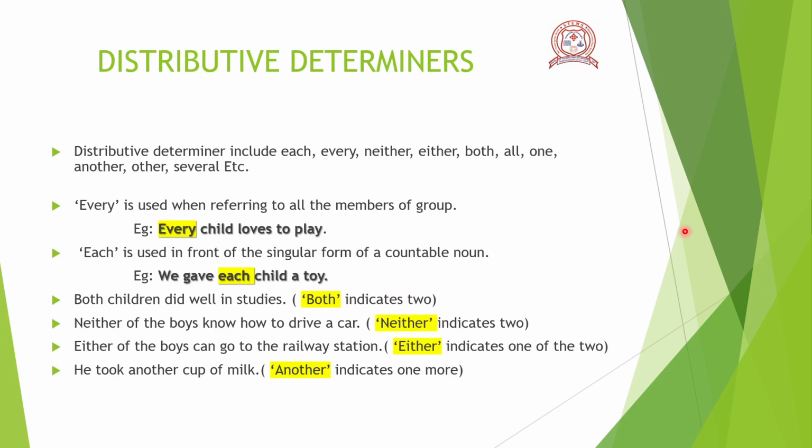Now coming to the next, distributive determiners. Okay. Now I want you all to listen and understand this carefully because we are going to be learning this for the first time.